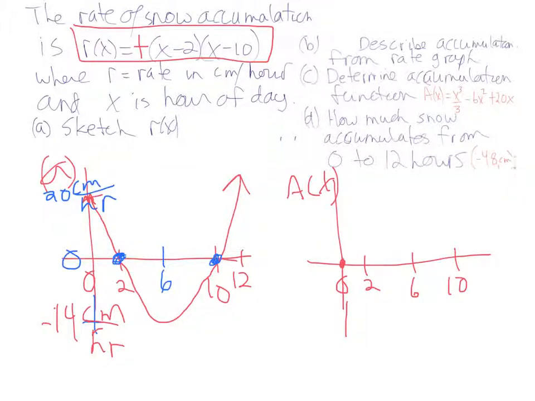So I know that the curve gets less and less steep until it gets to 2, and at 2 it turns around. At 2, the snow has been accumulating for 2 hours. Between 2 and 10 hours, the snow starts to melt.